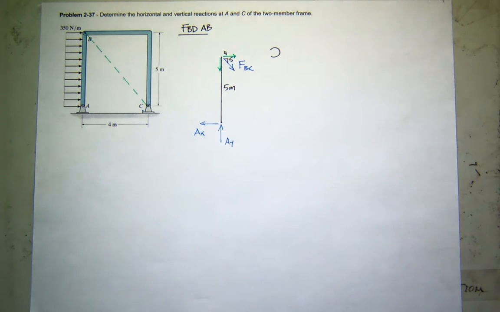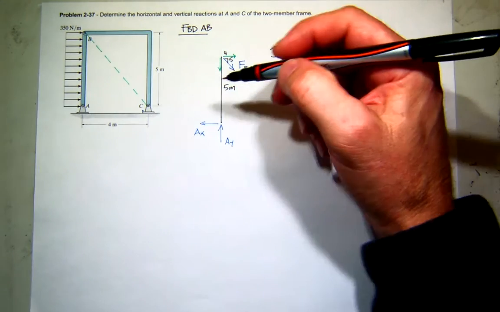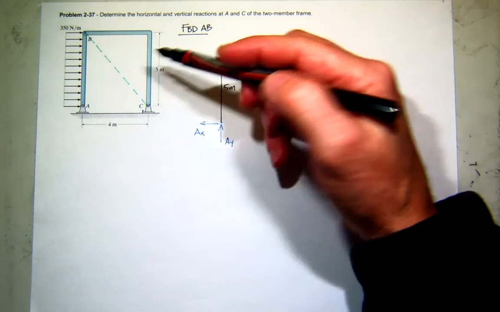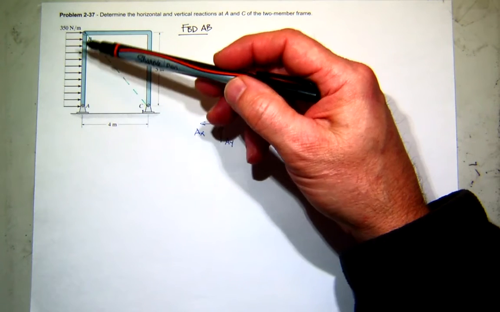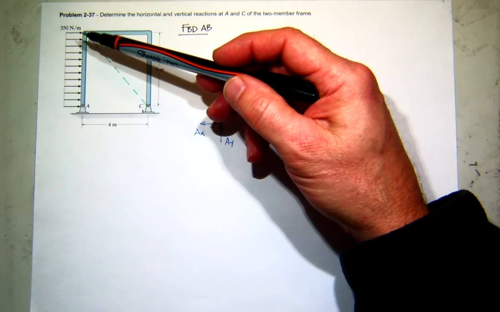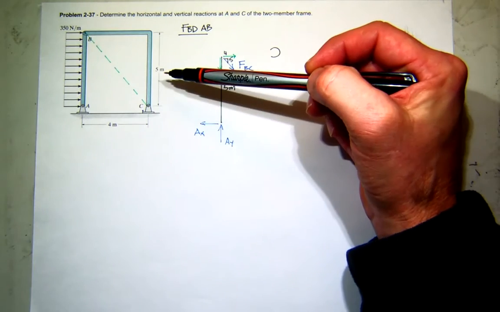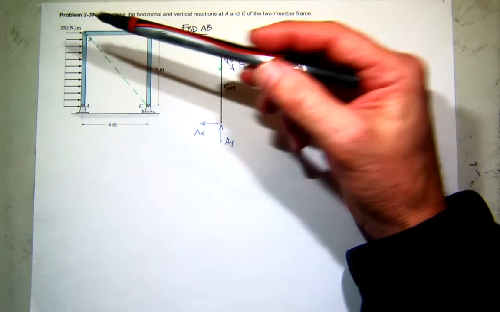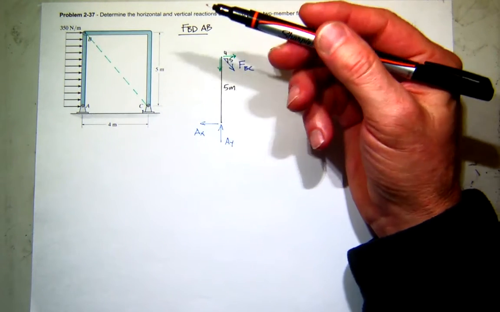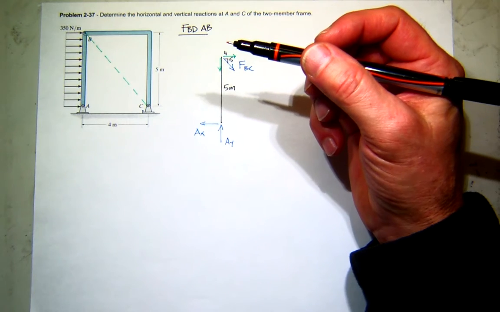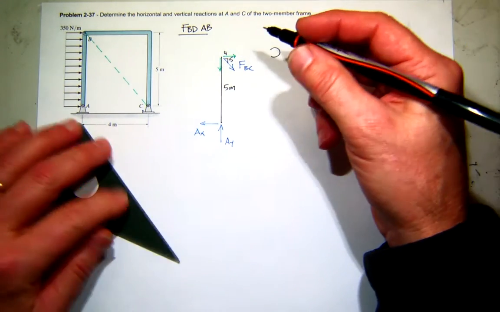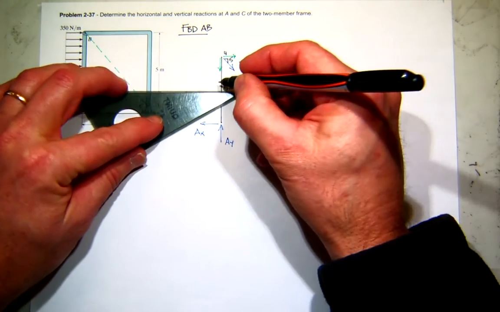So again, using... Oh, thank you. Yeah, I left off something pretty important. The load. So the load here is rectangular. The base of the load is 5, and the height is 350. So 5 times 350 is 1750. And that will happen right in the middle.